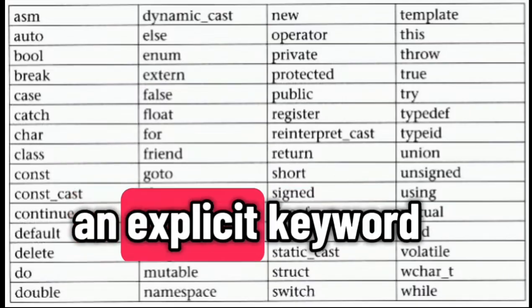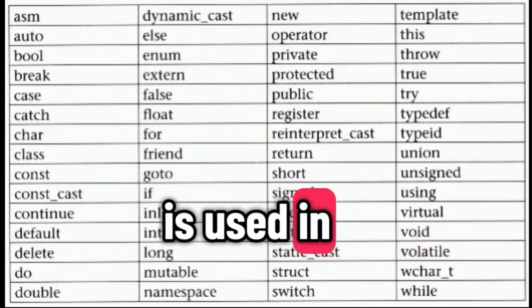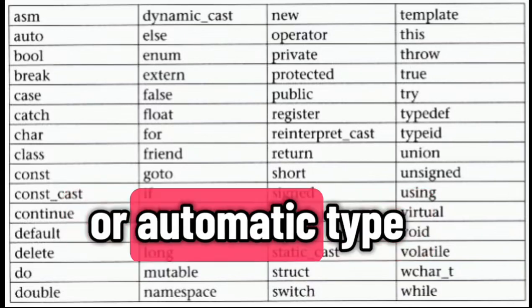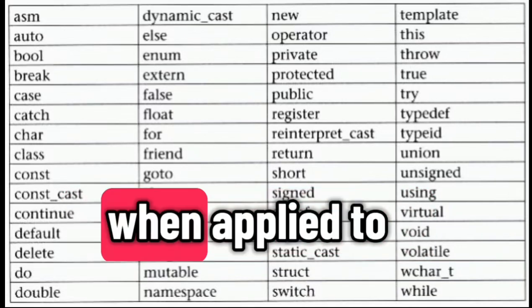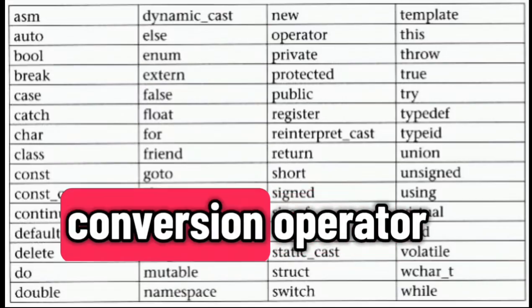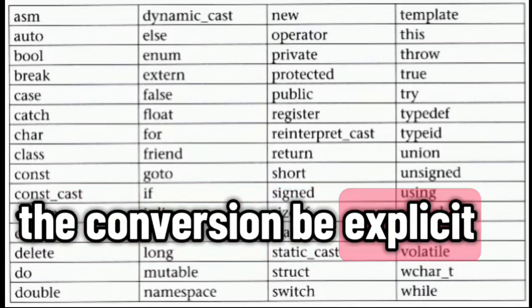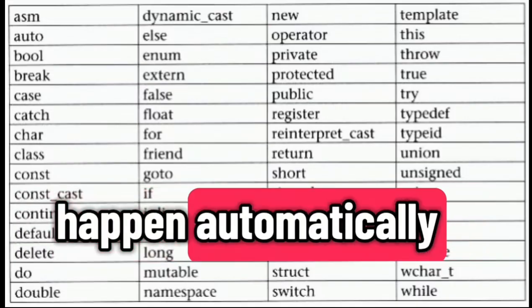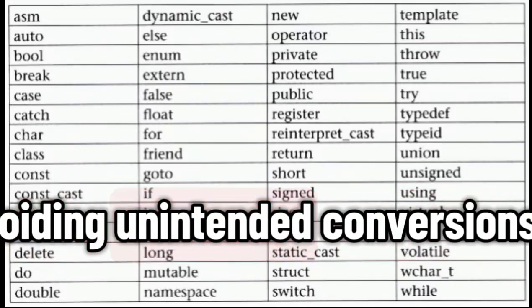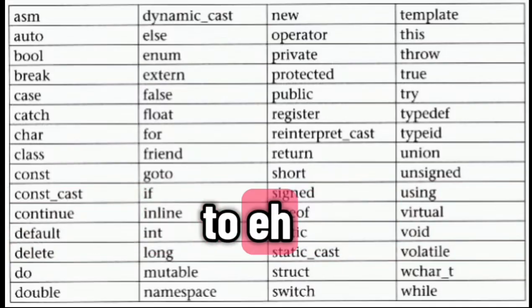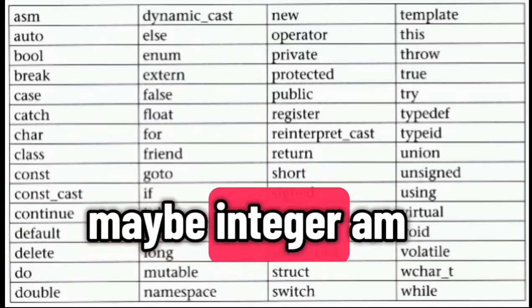The explicit keyword is used in C++ to prevent implicit conversions or automatic type conversions. When applied to a constructor or conversion operator, it requires that the conversion be explicit, meaning it wouldn't happen automatically, avoiding unintended conversions. Okay, do you mean that we can convert a double to maybe integer?